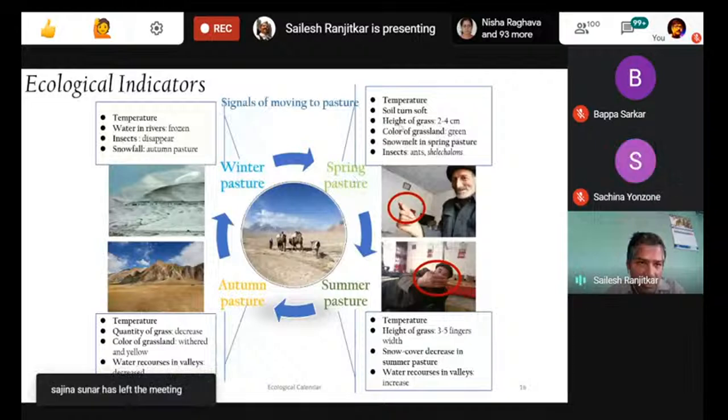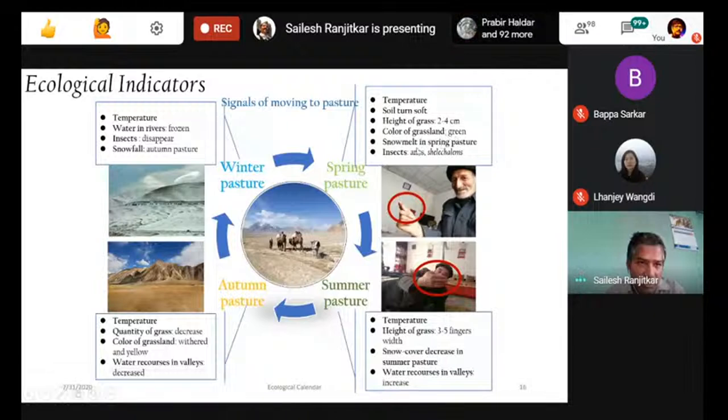Another important indicator is grass around 2 to 4 centimeters, as indicated by this old man here. He is showing this much. Similarly, the color of the grassland, which can be visible from a distance, and the snow melt are important, and the visibility of insects such as ants are also important indicators of moving to the spring pasture.